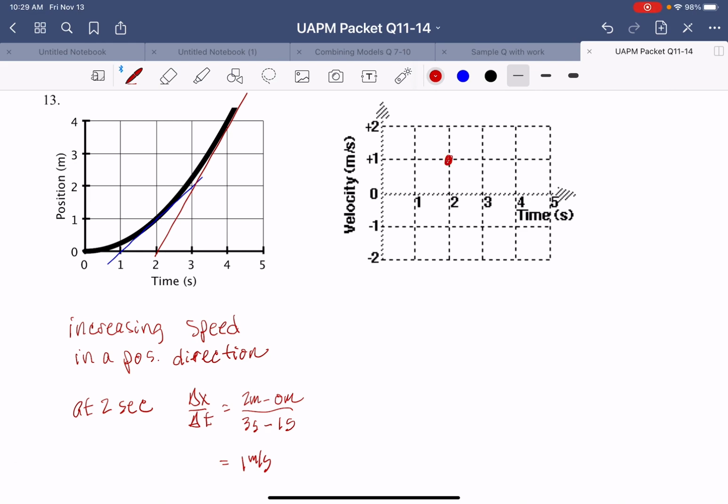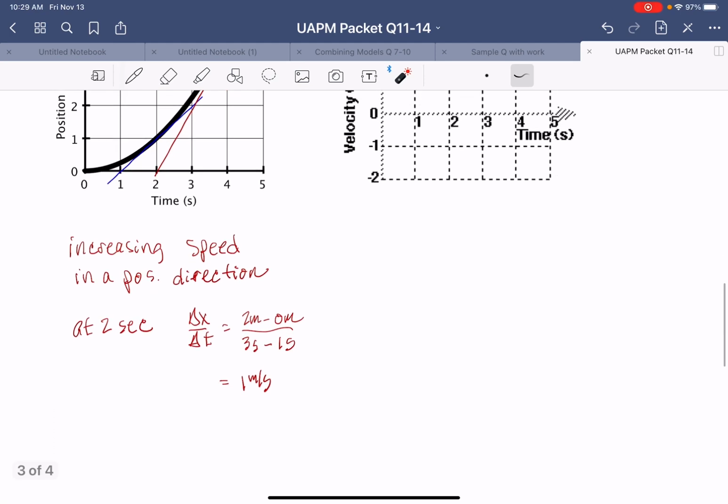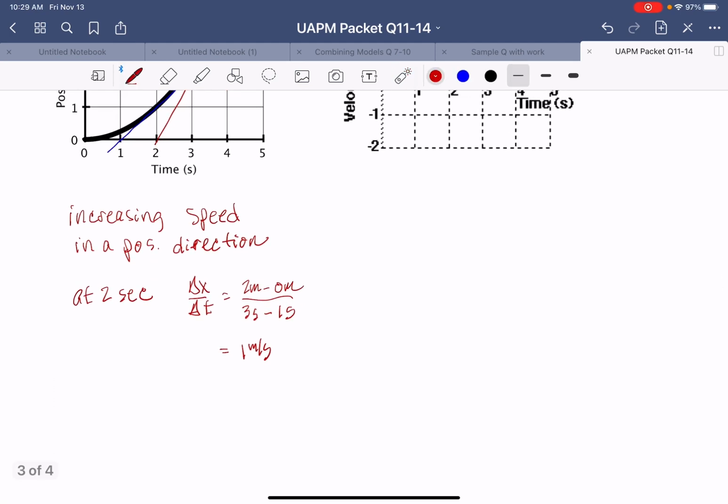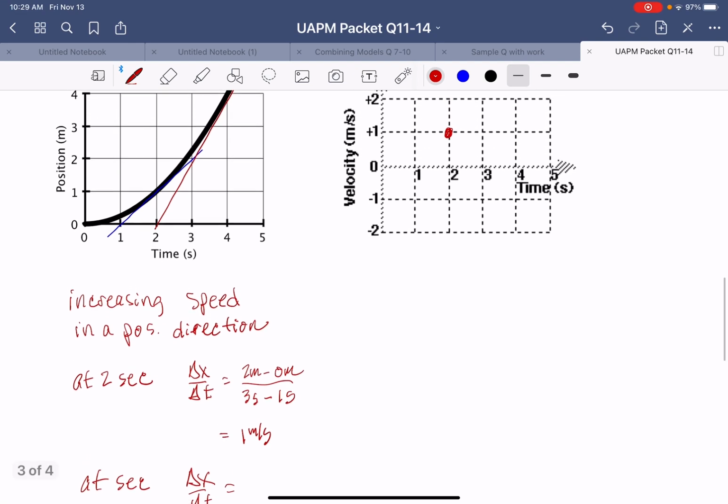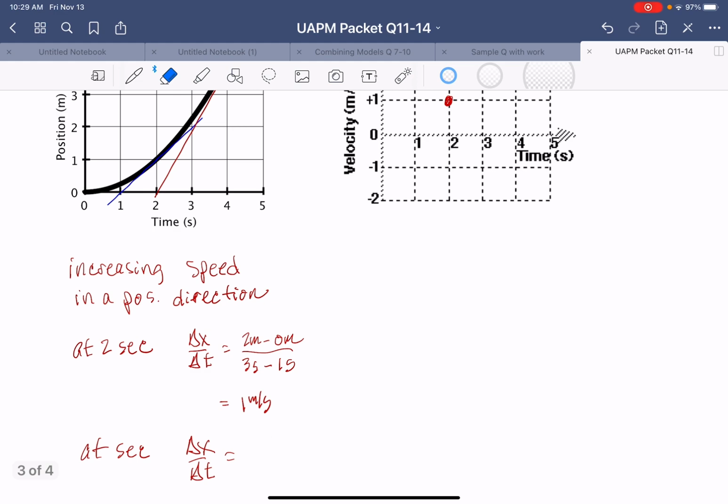Okay. All right, my red line right here, that's tangent to the curve at 4 seconds. So I can say at 4 seconds, my slope is, let's go back and look, 4 meters minus 0 meters over 4 seconds minus 2 seconds.